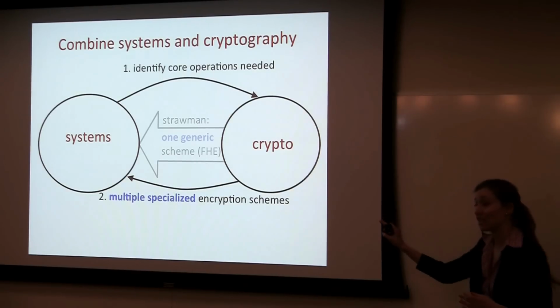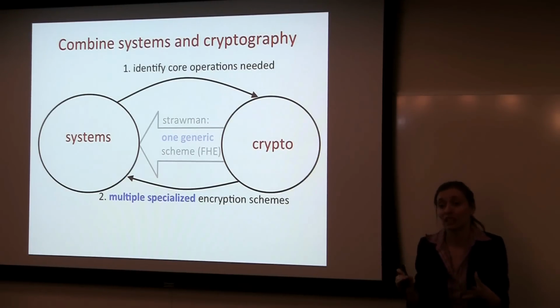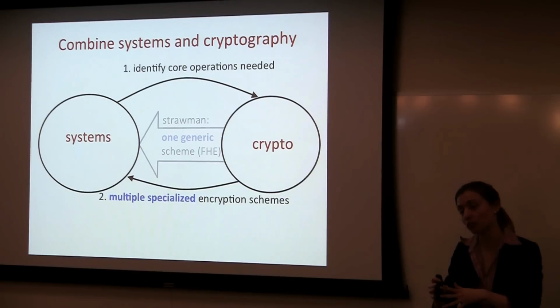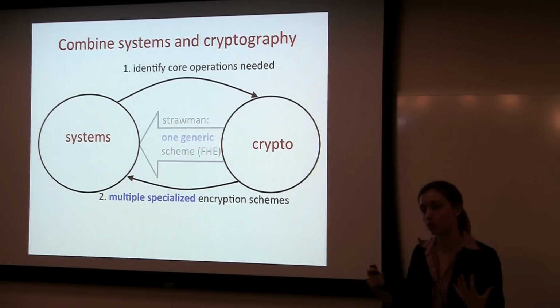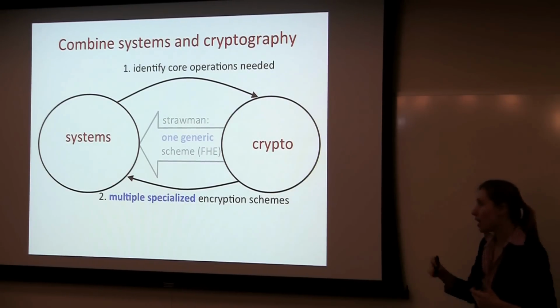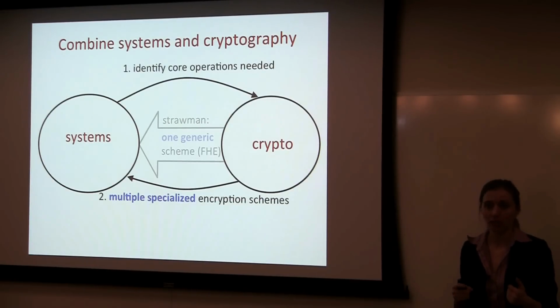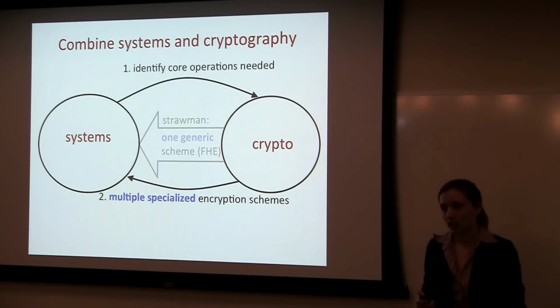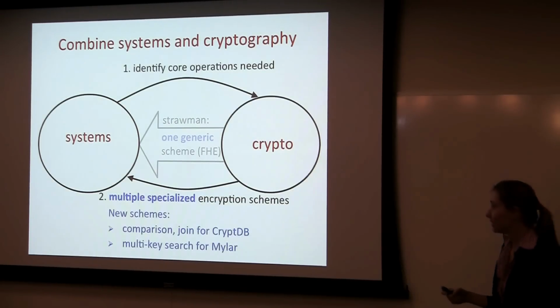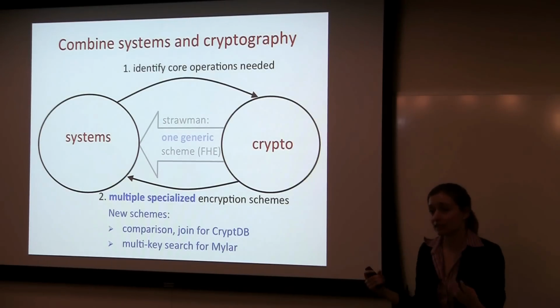And here the specialization is key because this is what makes an encryption scheme fast. If it's specialized to a task, it can be fast, as opposed to a generic scheme. And you may need to use multiple such encryption schemes, one for each operation. In fact, sometimes you'll realize that the encryption scheme you need in the system does not exist, so you have to come up with a new one.